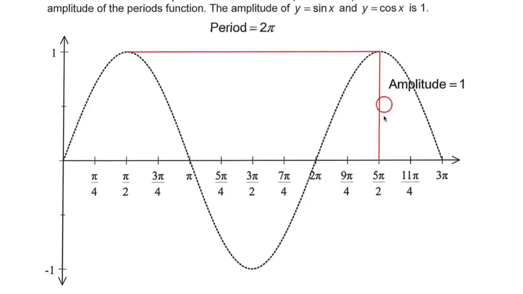The amplitude is just the measure of the size of the wave. We don't measure from the trough to the peak, we just measure from what they call the median to the peak. So the general standard form is an amplitude of 1.